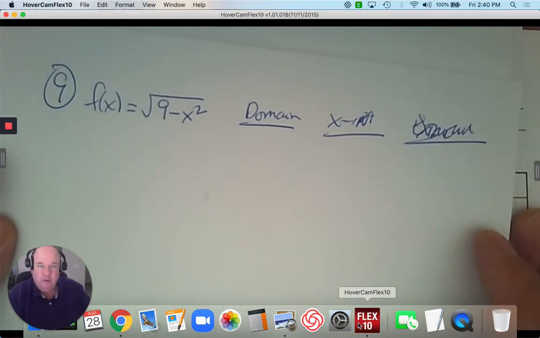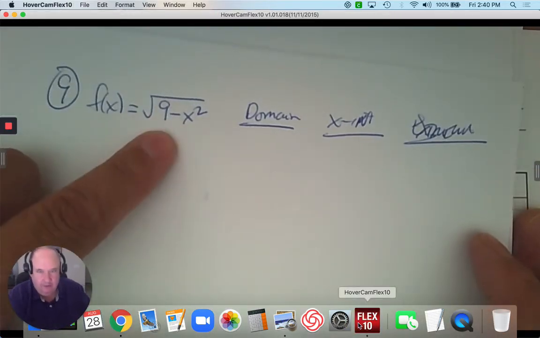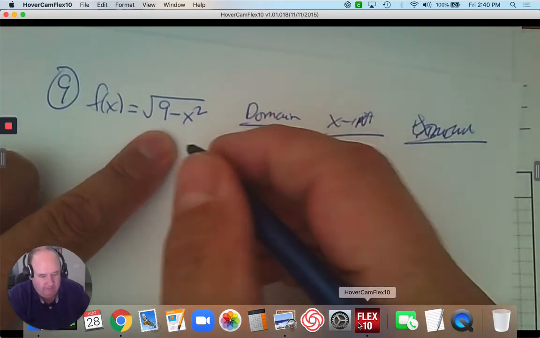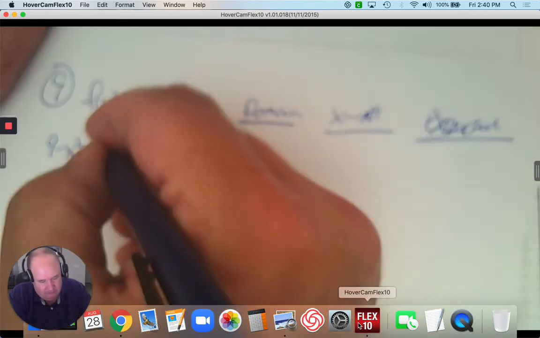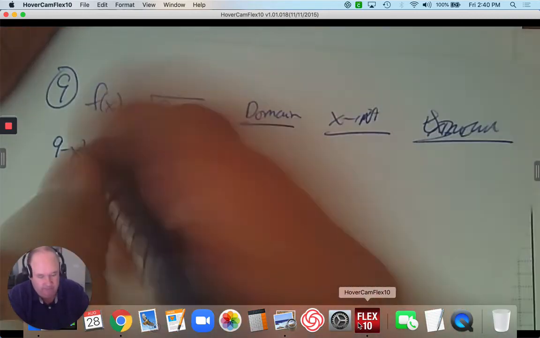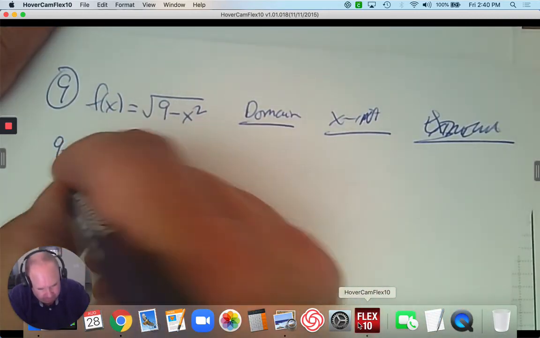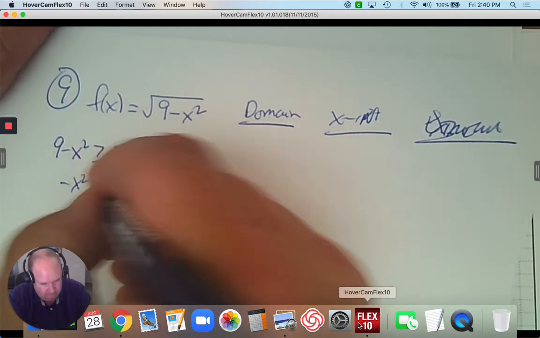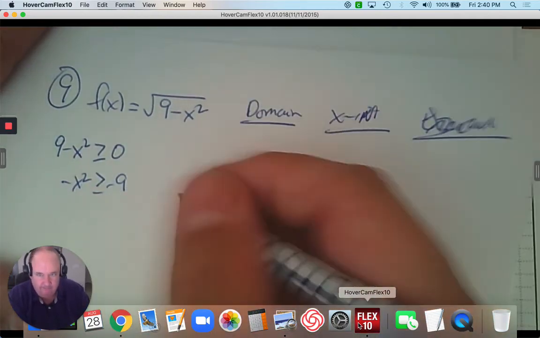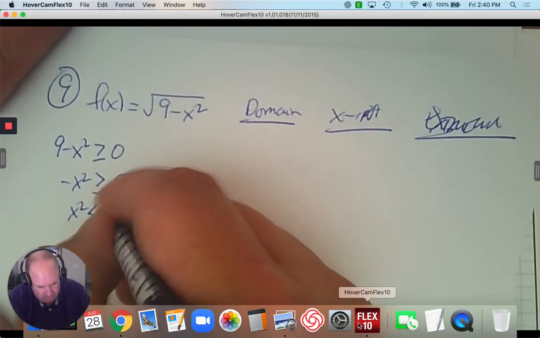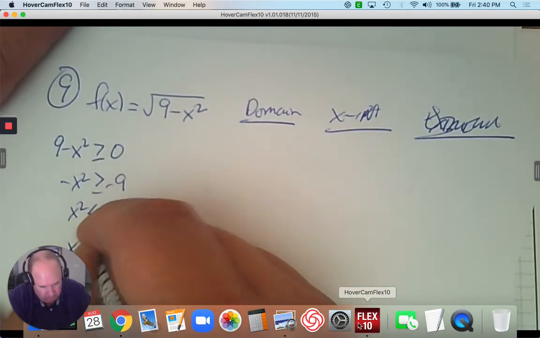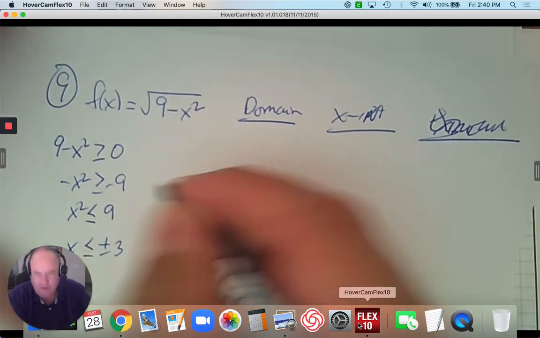First of all, the domain: what's underneath the square root must be nonnegative. So 9 minus x squared must be greater than or equal to 0. You could subtract 9, and when you divide, the sign flips. When you take the square root, this is what you get.